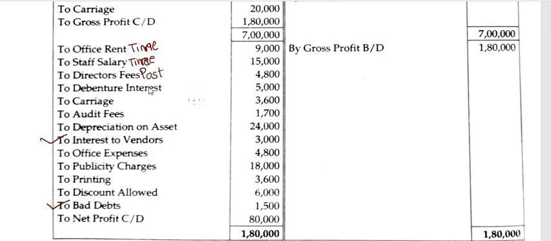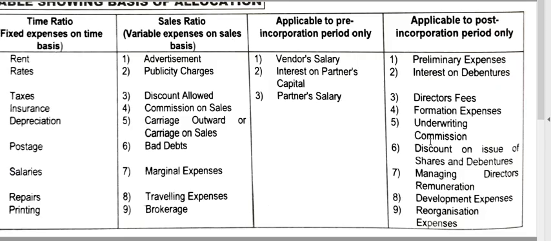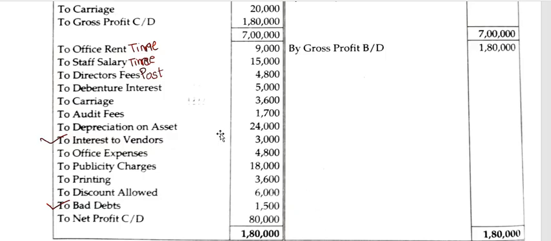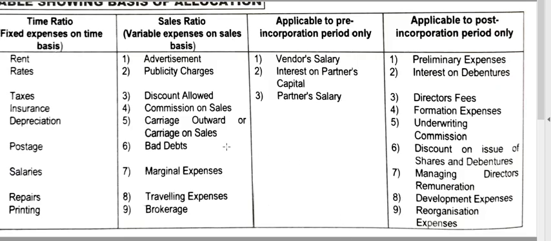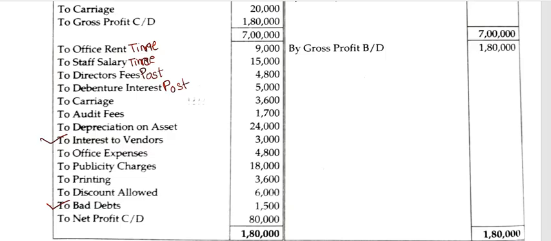Then debentures interest: interest on debentures, post. Carriage. Carriage is a part of sales ratio, whether carriage outward or carriage inward, so sales. Audit fees, post.